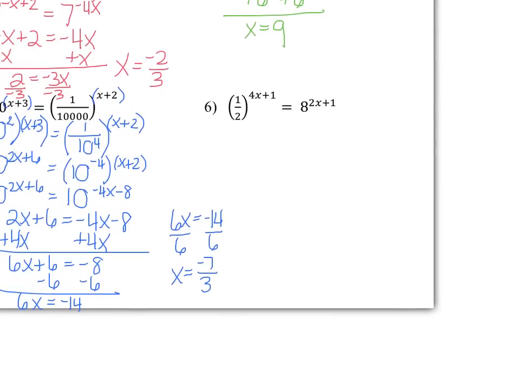And finally on this page, I have 1/2 to the power of 4x plus 1 equals 8 to the power of 2x plus 1. Well, 1/2 can be written as 2 to the negative 1st to the power of 4x plus 1. 8 can be written as 2 to the power of 3 to the power of 2x plus 1.